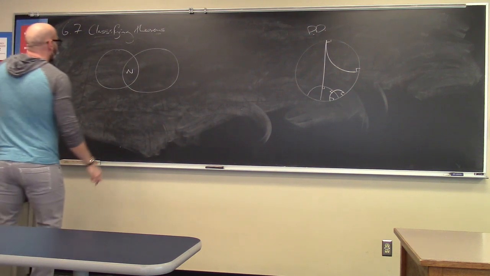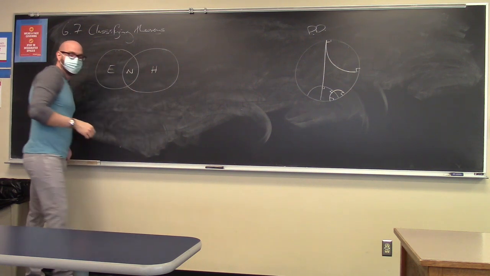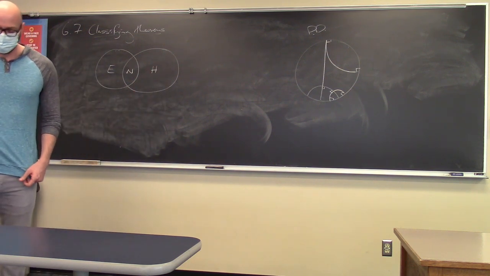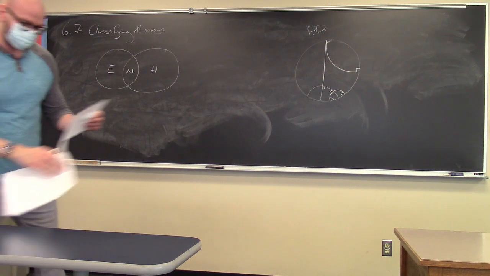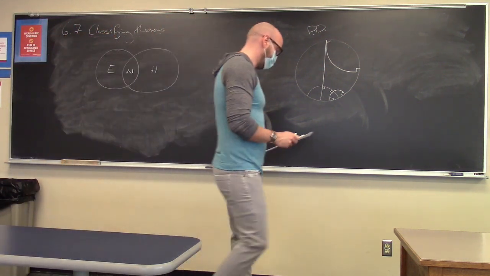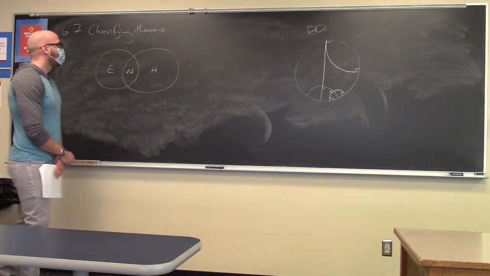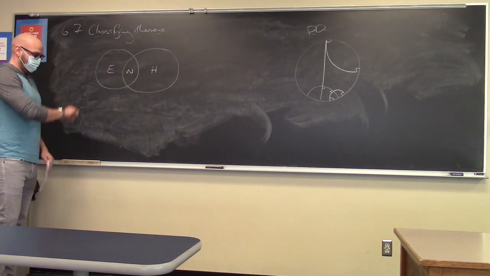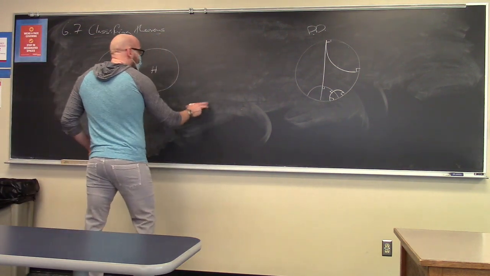Meanwhile, some theorems are strictly Euclidean, and some theorems are strictly hyperbolic. There wasn't a whole lot to say there. So I'm surprised at how long that took. How about we just do a couple of questions?